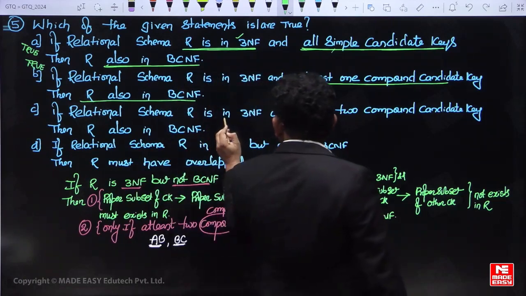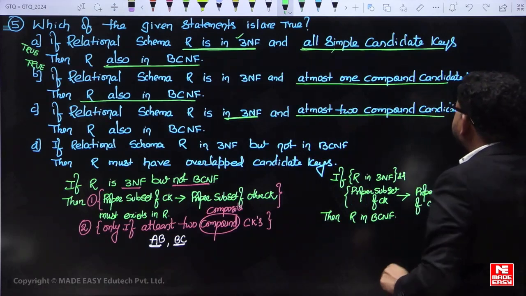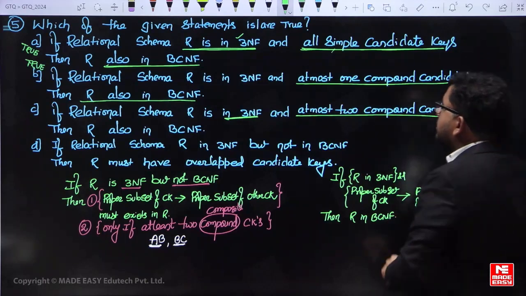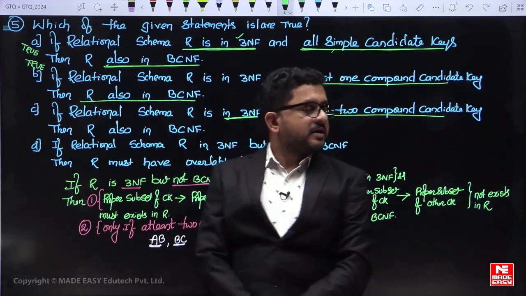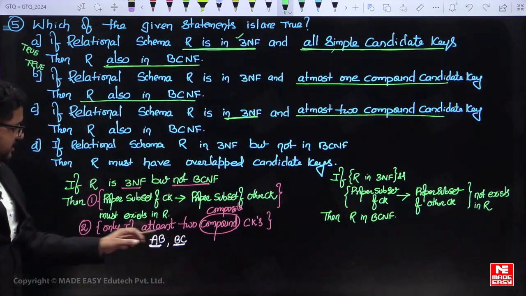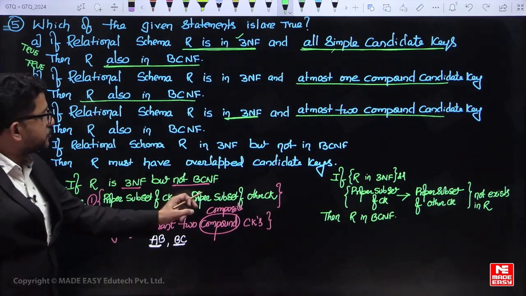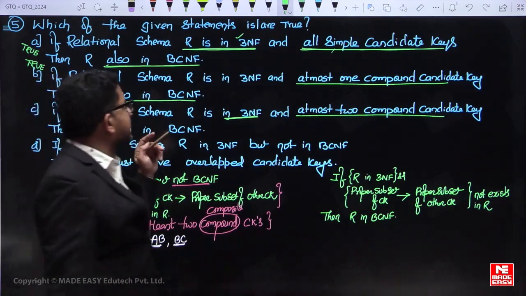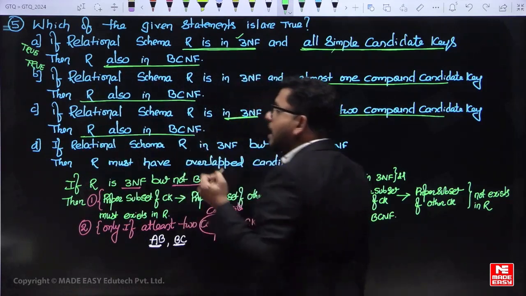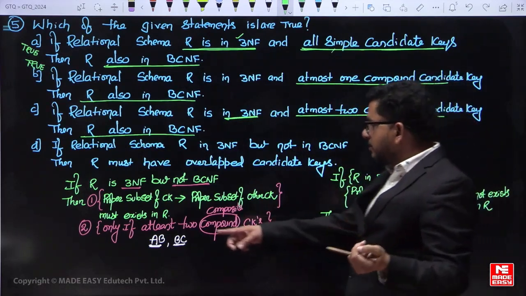Third one: a relational schema is in 3NF and has at most two composite keys, compound or composite candidate keys. With at most two composite candidate keys, there is a chance that a proper subset of a key determines a proper subset of another key. In that case it may fail BCNF, so it is not guaranteed to be in BCNF.